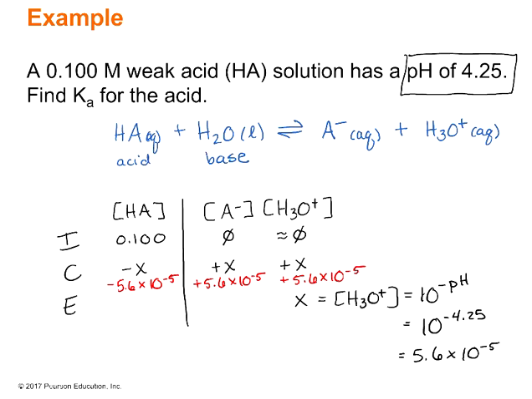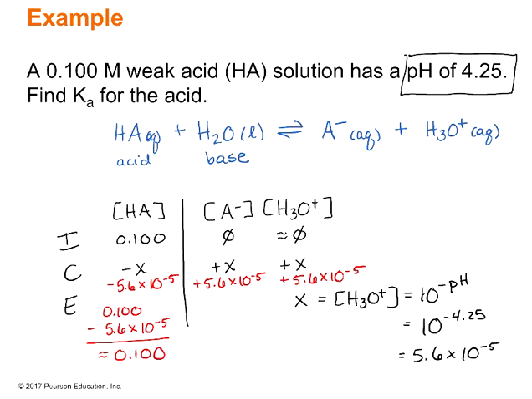So at equilibrium, the concentration of HA is 0.1 minus 5.6 times 10 to the negative fifth. And that's actually still equal to about 0.1. So the concentration of the initial acid did not change very much.